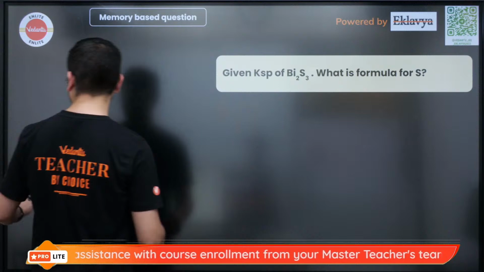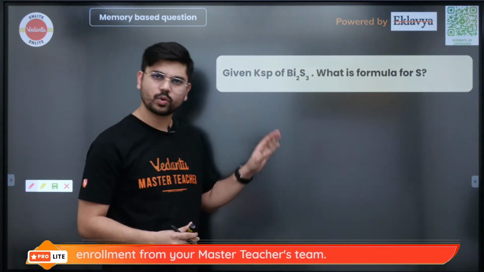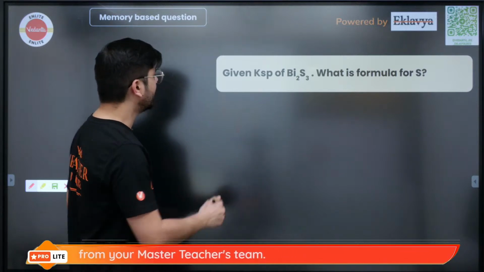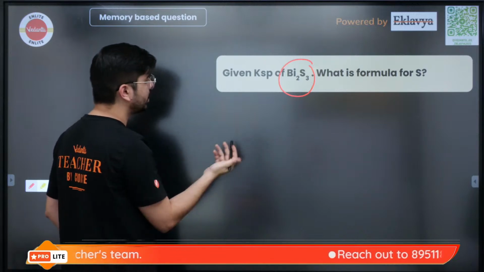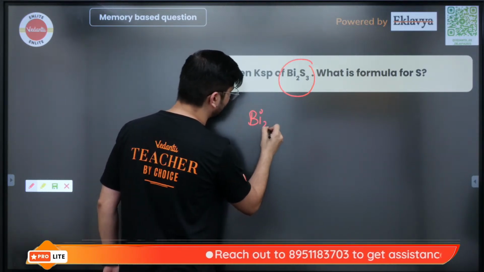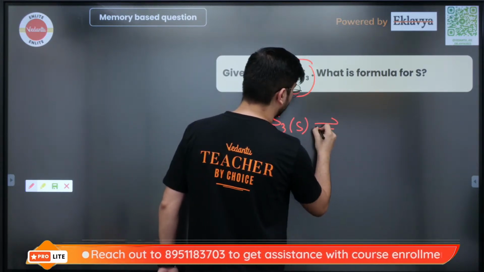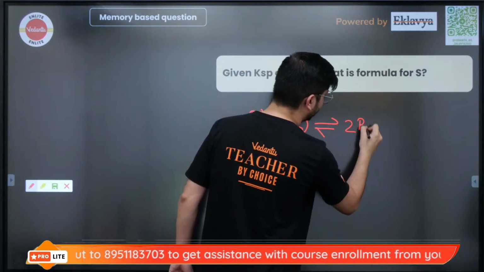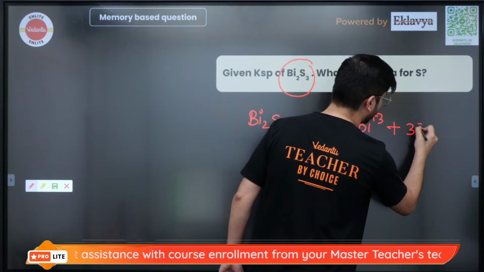Alright, the question over here is from ionic equilibrium, quite an easy one. The Ksp value of Bi2S3, we don't have options, so I'll just solve it for you. For example, I have Bi2S3. So we have 2 moles of Bi+3, bismuth, and 3 moles of sulfide ions.